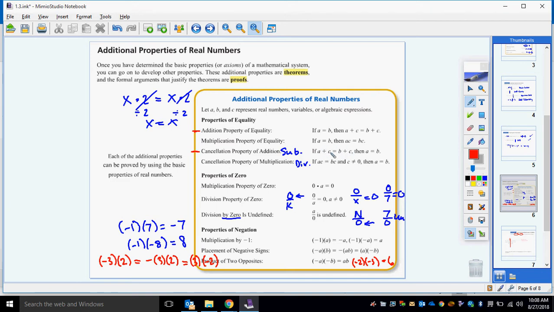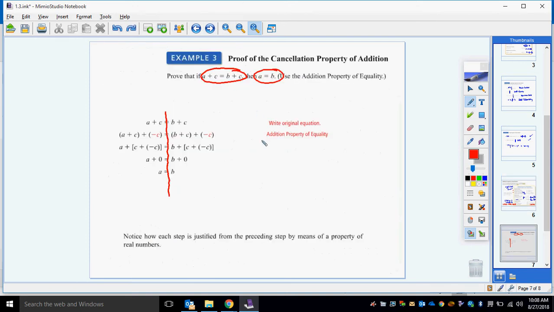This one, we're starting with two things on the same side, and then we get down to canceling. No, that's not really what they did in that step. We're starting with two things equal, and we added the same thing on both sides. So this would be the addition property of equality. Yep, that's my reasoning. So we gave you the first one, addition property of equality. They're adding the same thing on both sides.